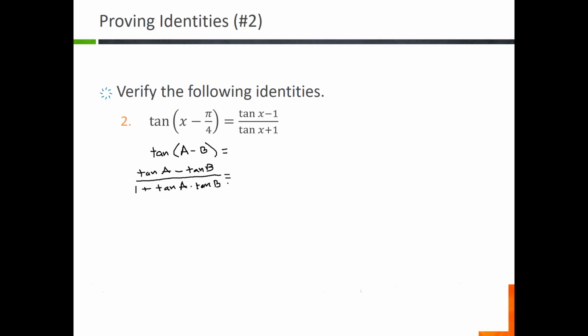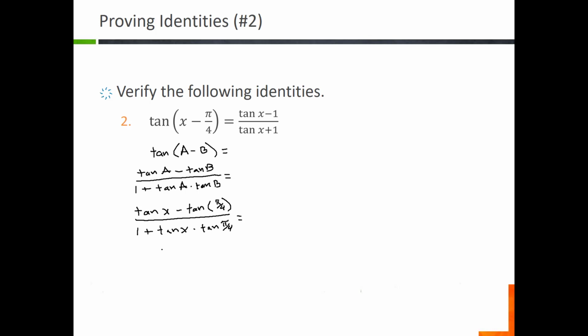So let's plug everything in here. A is the first term, that's the x. B is the second term, that's the pi over 4. So that gives us the tangent of x minus the tangent of pi over 4, and all of that is divided by 1 plus the tangent of x times the tangent of pi over 4.